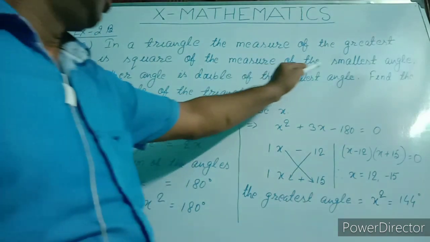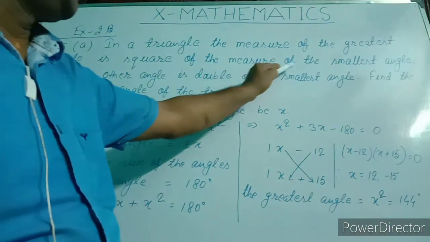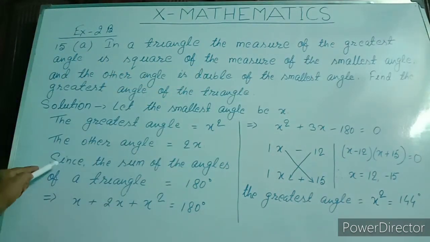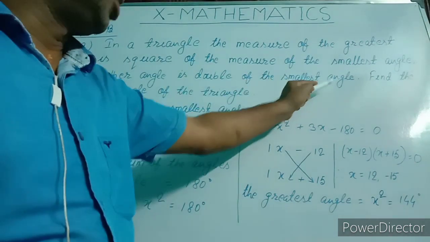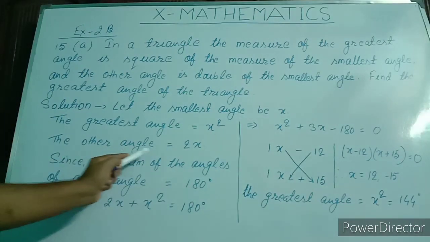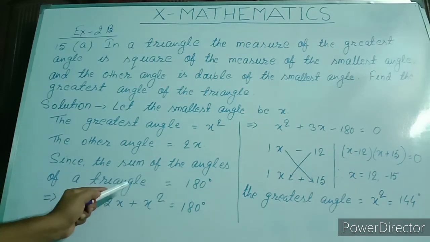The greatest angle is the square of the measure of the smallest angle, so the greatest angle equals x square, and the other angle is double of the smallest angle, means the other angle equals 2x.